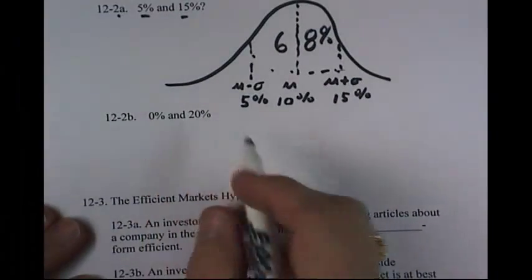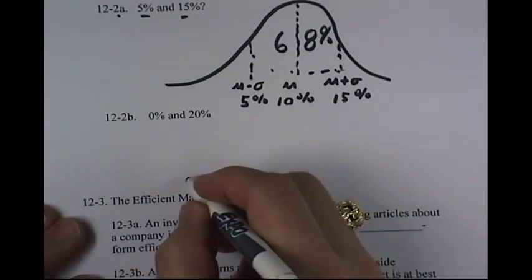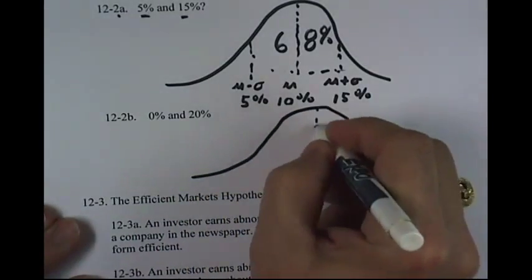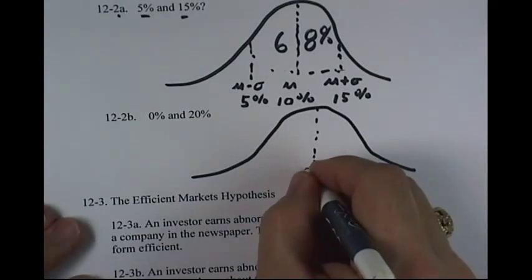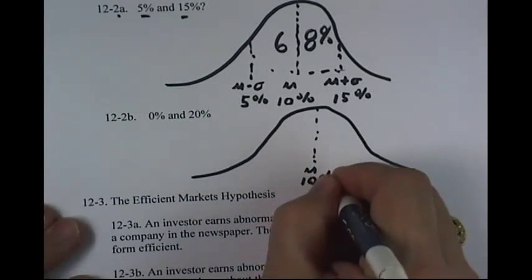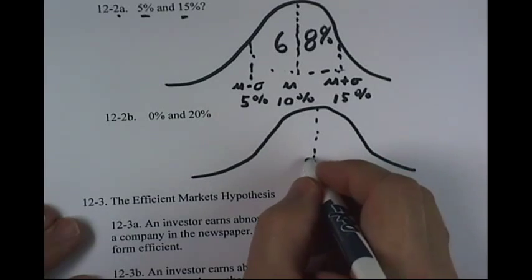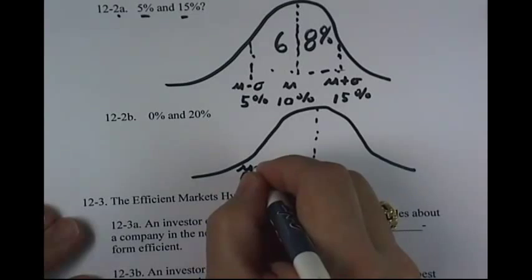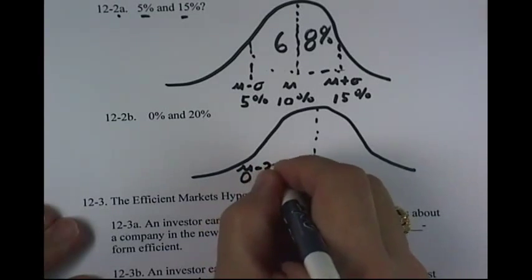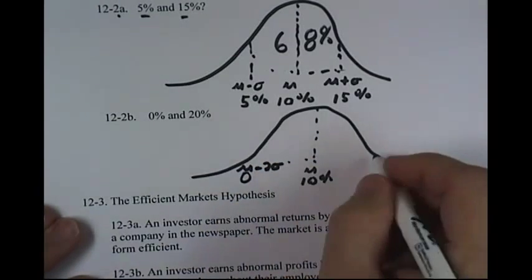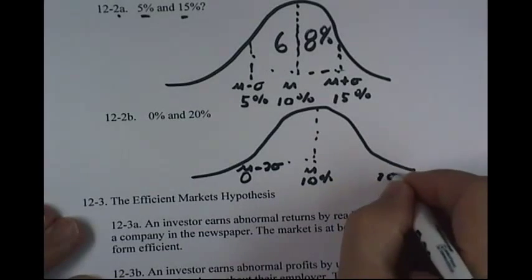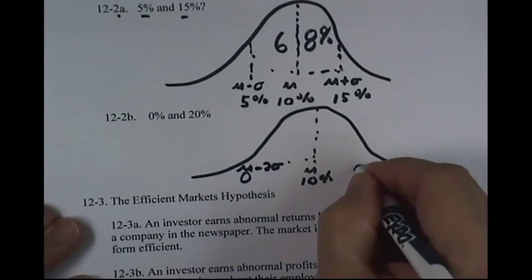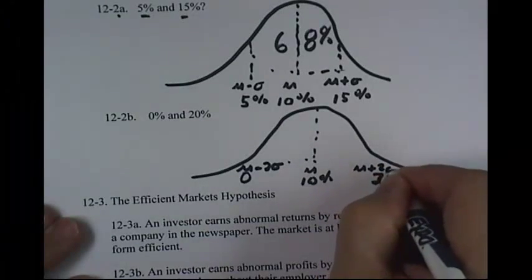In Part B, it says how much probability would be between 0% and 20%. Again, the distribution is centered at its mean of 10%. This time, to get down to the 0 that we're asked about, that would be the mu, or the mean, minus 2 sigma, and to get up to the 20% that we are asked about, that would be the mean plus 2 sigma.